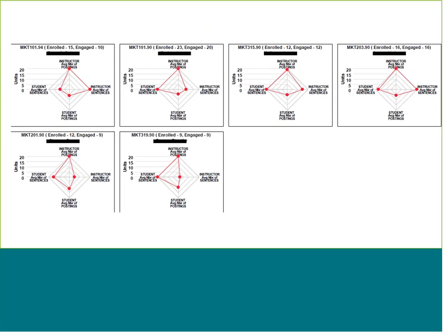Now, what's interesting in this scenario is that the bottom two that you're looking at right here are the top performers, and yet the average number of sentences per instructor are lower.